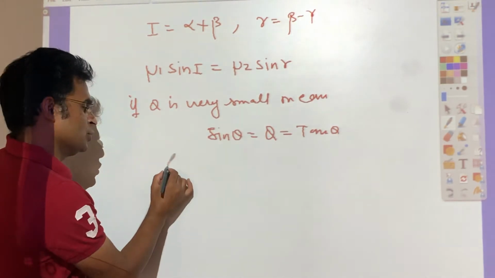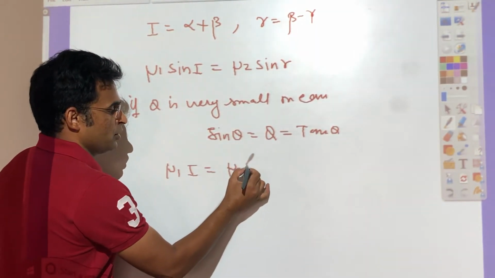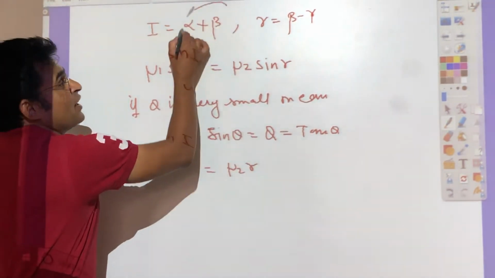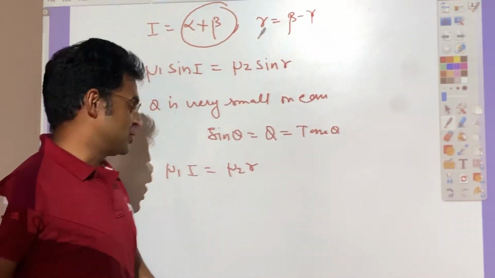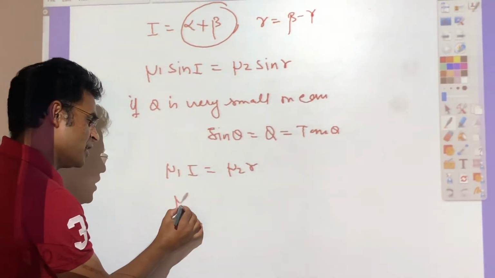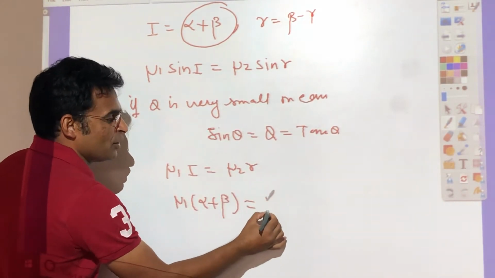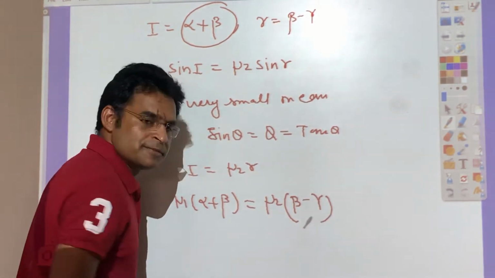So mu1 into i is equal to mu2 into r. Now in place of i, I'll write alpha plus beta, and in place of r, I'll write beta minus gamma. So I'll get mu1 into alpha plus beta equal to mu2 into beta minus gamma.